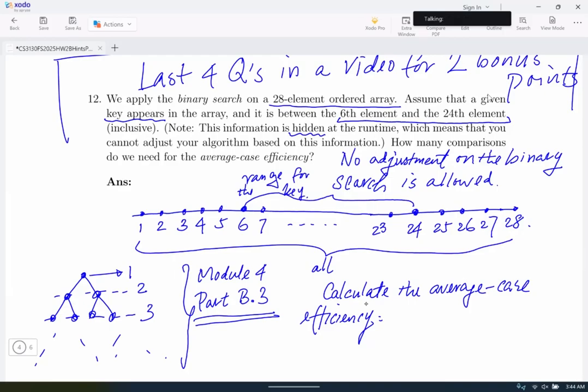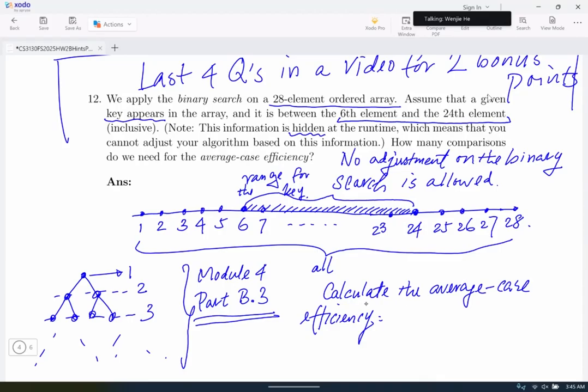Because when we do the statistics on the average case efficiency, think about it, suppose we do experiments many times. If the data follows this hidden property, then for all those experiments, the key falls in this range.